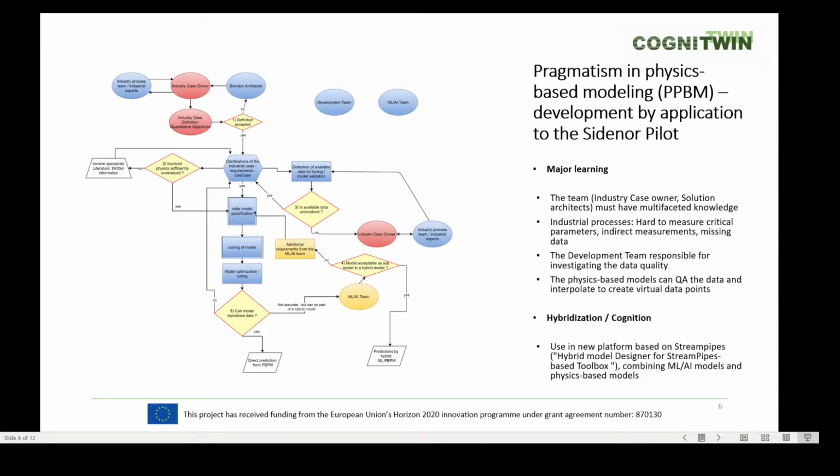So in the upper left, we see the industrial case owners, we have the solution architects, and there is an iteration loop there where the industrial case owners are collaborating with the solution architects, but also using help from the industrial experts to clarify things which are needed.